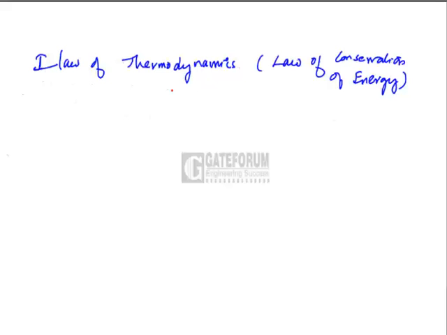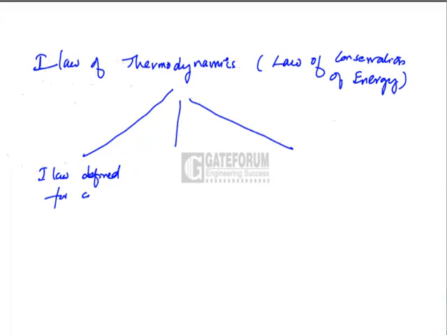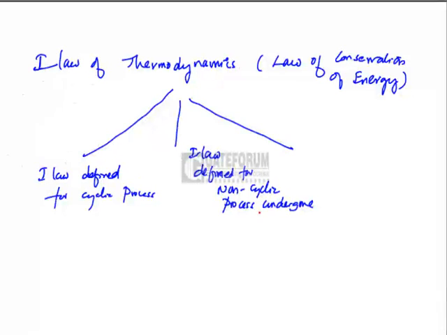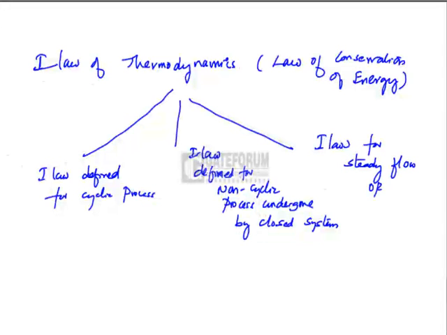In fact, in thermodynamics, the first law can be seen as three different modules, namely, first law defined for cyclic process, then first law defined for non-cyclic process undergone by a closed system, and third module is first law for steady flow open system.